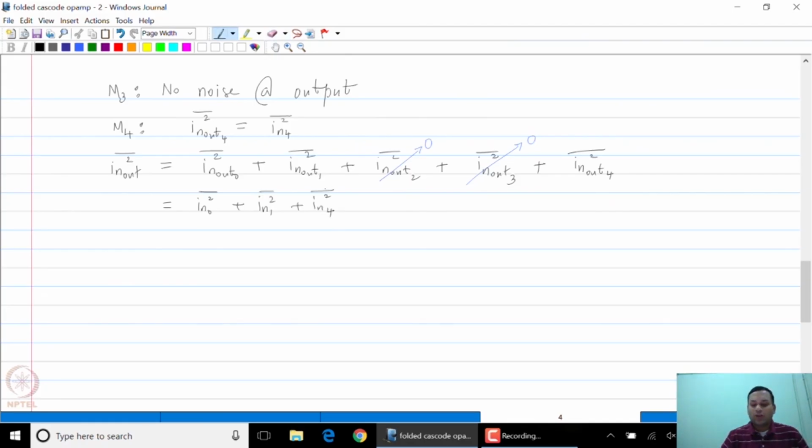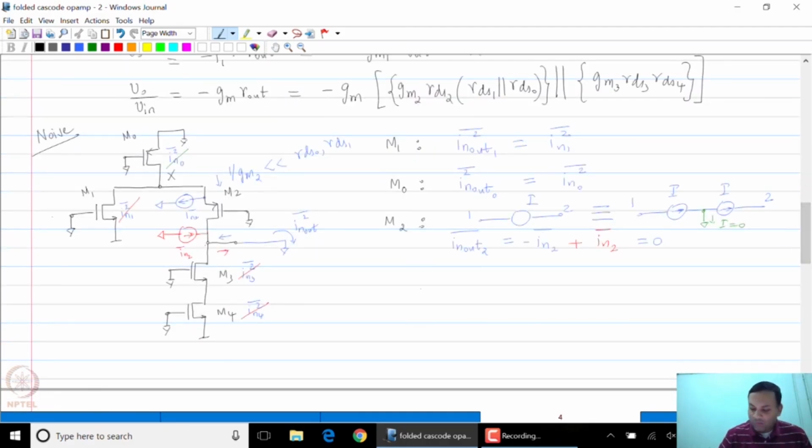So there are 3 sources of noise. This is the short circuit noise. The input referred noise voltage, which I will now represent as En squared, is nothing but the short circuit noise over the overall effective transconductance squared. The effective transconductance of this circuit is, of course, GM1. I will write that down here.